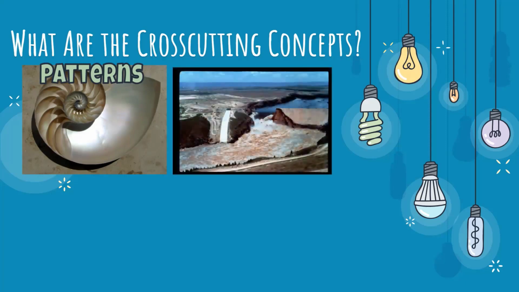The second one here is we have a picture of a dam that has burst. And so this one would represent cause and effect. So events have causes, and sometimes these causes are simple, and sometimes they're multifaceted and complex.